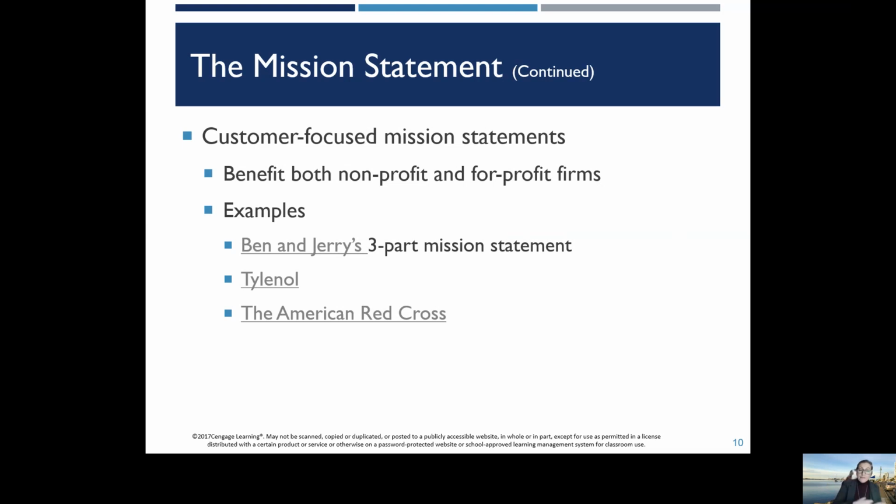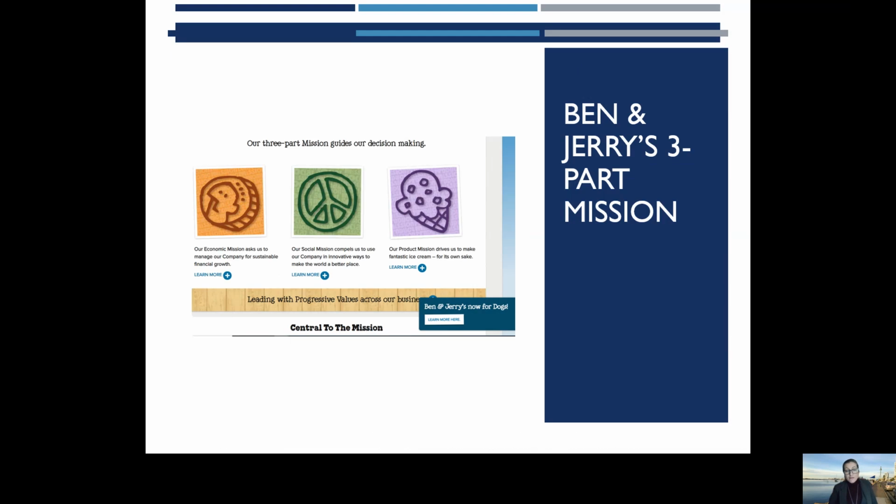Quite differently, Ben & Jerry's offers a 3-part mission statement, and I've captured it here for you. The 3-part mission statement of Ben & Jerry's ice cream began in the 1970s, very much focused on a social mission about how they're going to make the world a better place. So when they began, that was above and beyond their product mission.